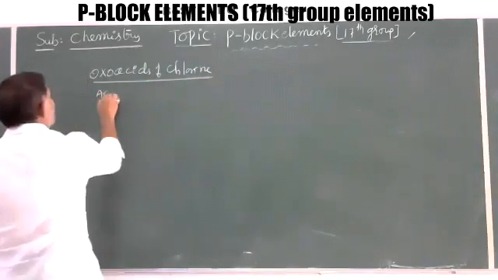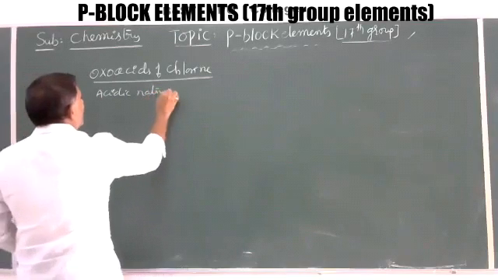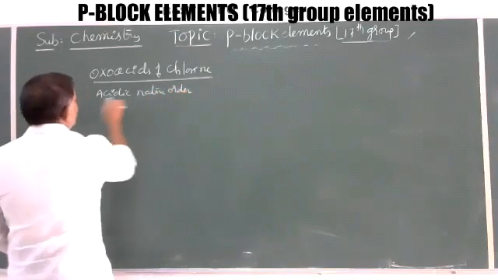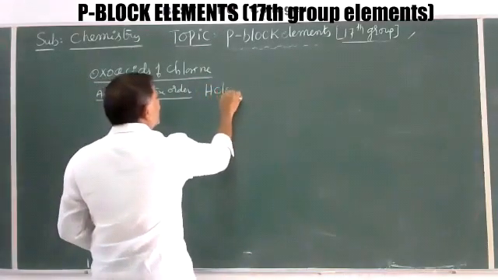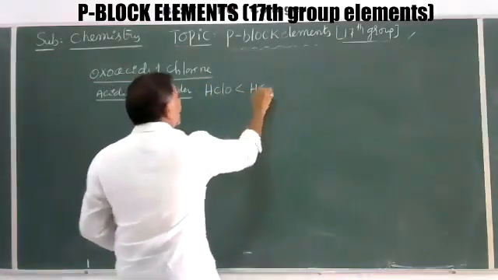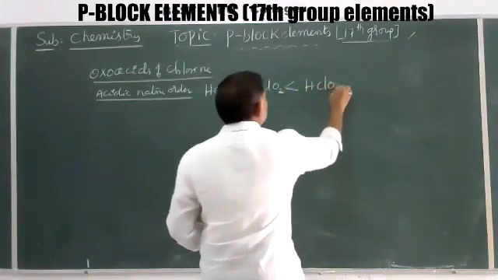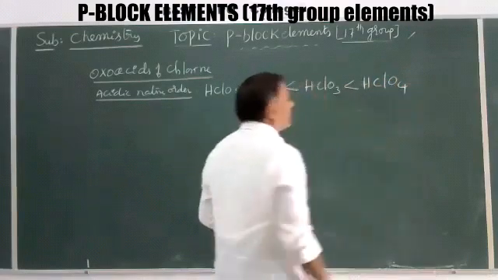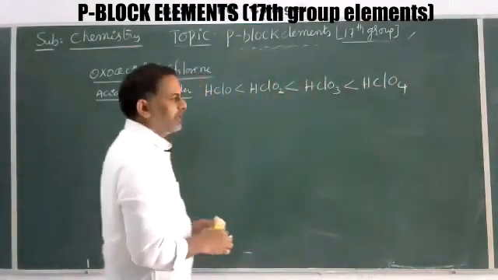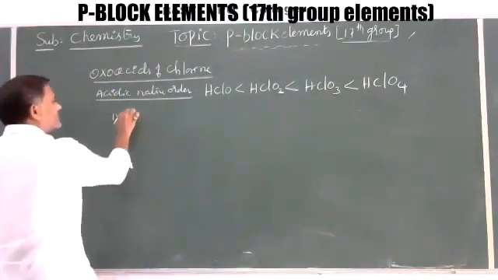Its acidic nature order is HClO, HClO2, HClO3, and HClO4, this is perchloric acid, which is more acidic in nature.